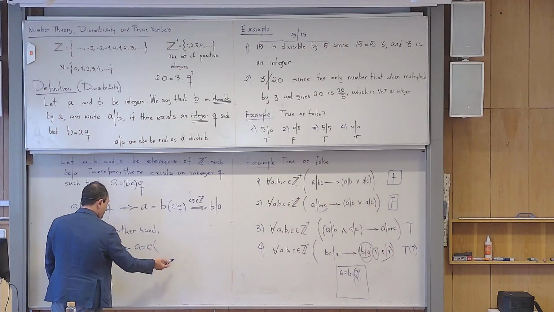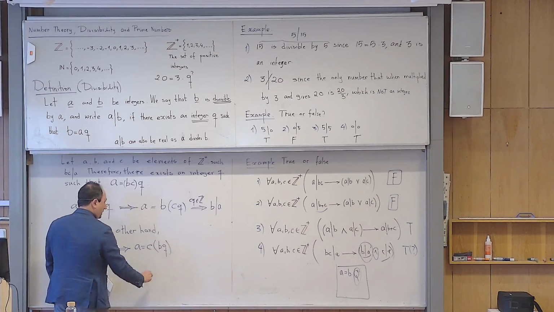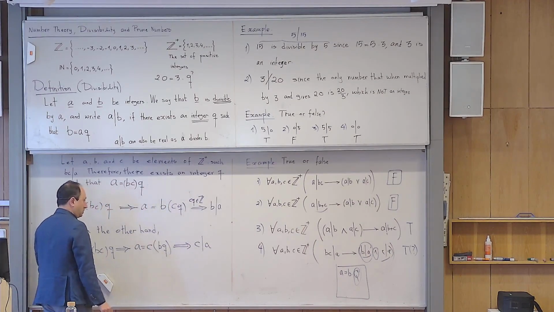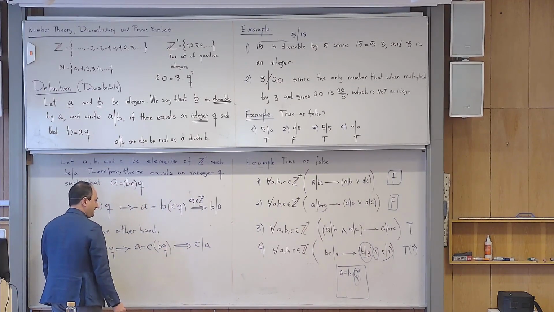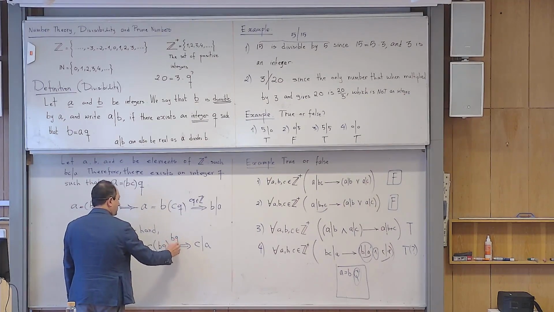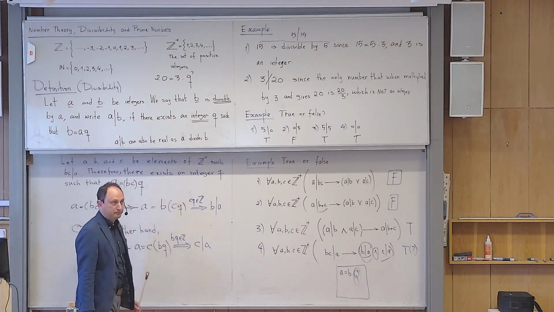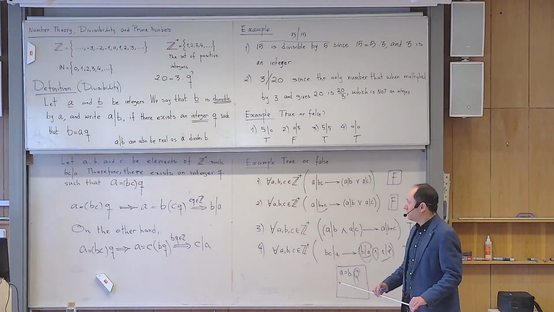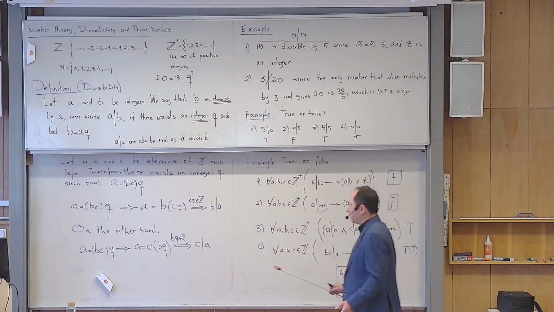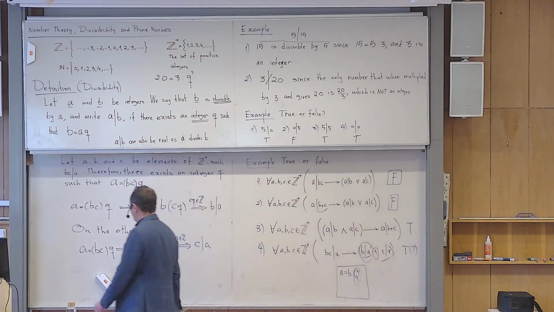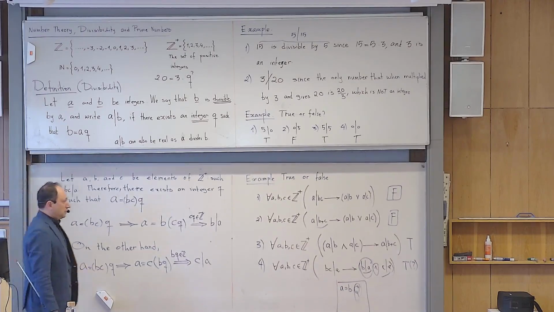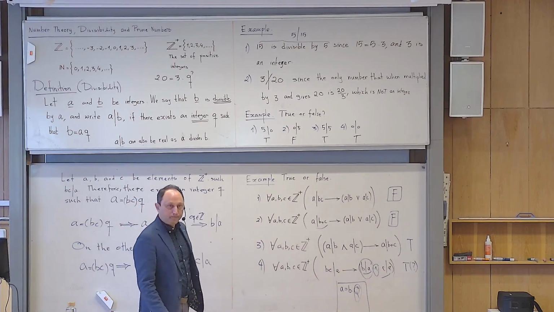C times BQ. Okay, and then can I conclude that C divides A? What should I write on top? BQ belongs to Z. Yes? It is very simple, by the way, but the reason that you find it a little bit hard is because you don't know how to write it down, okay? It is important to learn how to write it down. Is that okay or not?